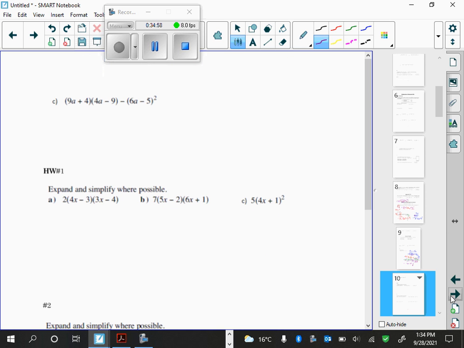Okay, so this question here. Let's go one step at a time. First of all, you're going to FOIL these, and you're going to rewrite and FOIL this, or you can do the shortcut. So you're going to do that for me, and then you're going to put subtract bracket.